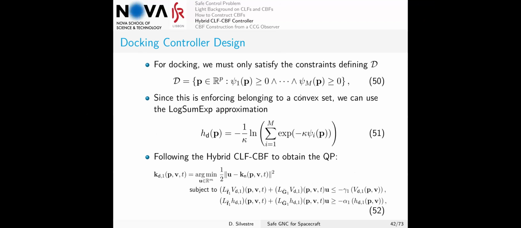We converted the whole polytope to be inside by the log-sum-exp trick. And now we still have the same format for the controller. The only difference is that the functions are different. But in the end, when we do this backstepping design, we get this nominal control. So we still get that.